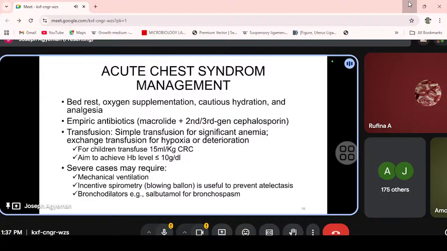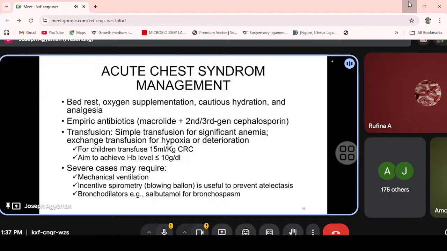Since stroke is known to be a common thing in SCD individuals, we can monitor them when they get to this age, 2 to 11 years, to be able to detect any markers that will predispose the patient to it. So you can do transcranial Doppler.